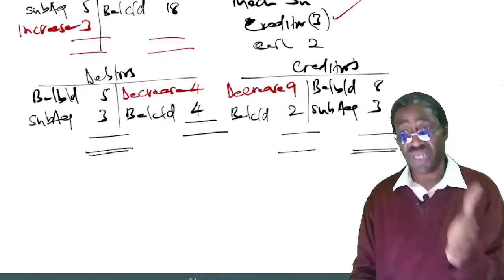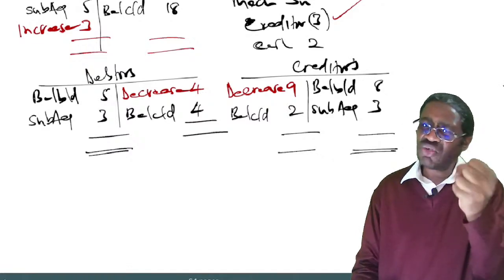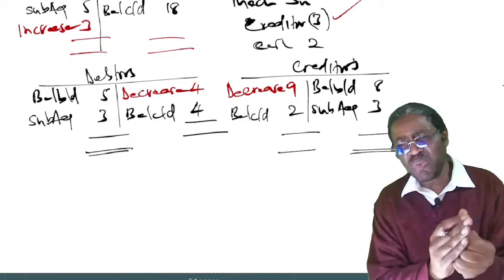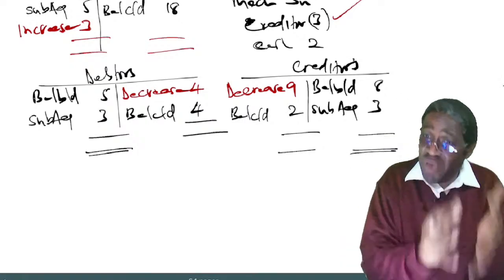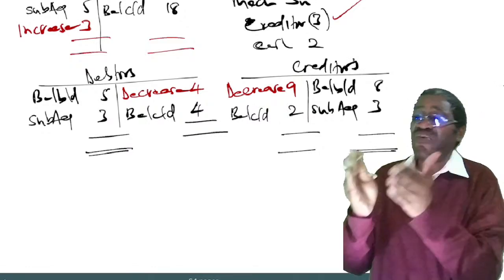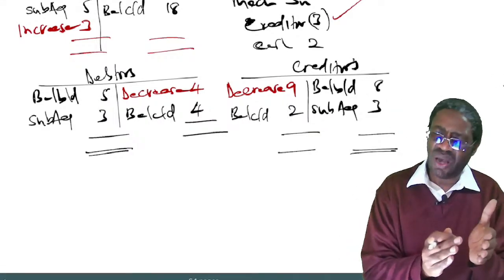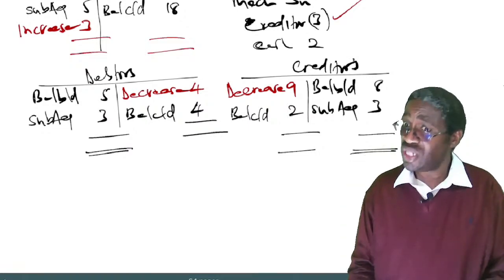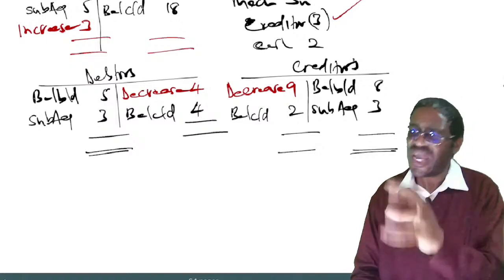Debtors, increase or decrease. Creditors, increase or decrease. You analyze the account of loan, for example, to know whether you have a loan repayment or maybe we got an additional loan. When you're analyzing the debentures, you want to know whether there was an issue of debenture or we could have repaid our debenture. When you are analyzing the share capital, you want to know, could we have issued more shares for cash during the year? That's what we are saying.